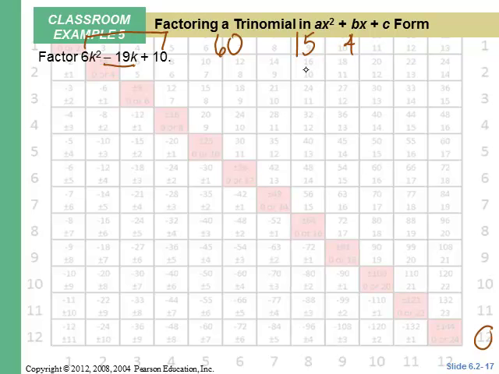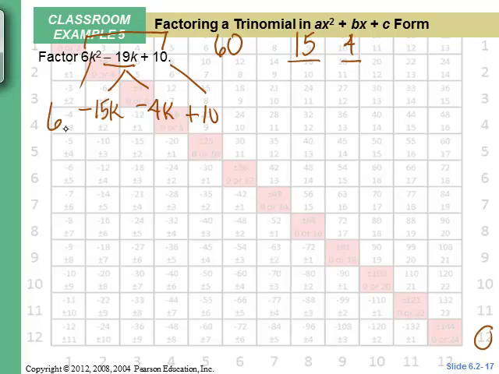Okay, so what we're going to use these two numbers for is to split that negative 19. We're going to split it into negative 15k minus 4k. Bring down the plus 10, bring down the 6k squared, and now we can factor by grouping.